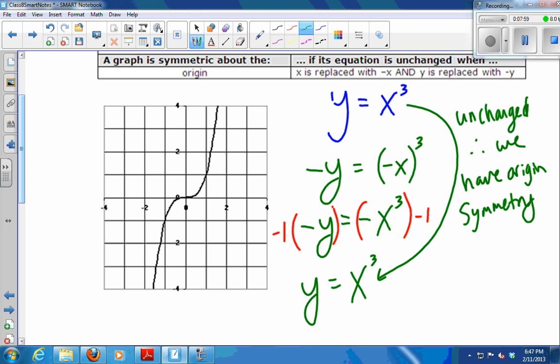So in that one, I had to do a little bit of manipulation to show that what I came up with after I did the replacements was in fact equivalent to the original. It didn't look the same, so I had to do a little bit of monkeying around to see if I could make it look the same.